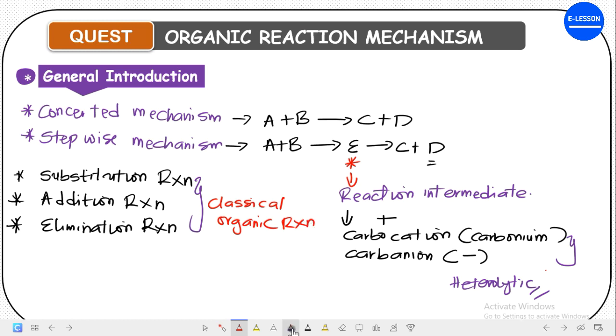Now, there is a fourth kind of reaction that is not classified as a classical organic reaction, and that is what is called the rearrangement reaction, as in the form of the keto-enol tautomerism that we are going to look at later. So, rearrangement reaction is not part of the classical organic reactions. Now, different functional groups undergo different types of these reactions.